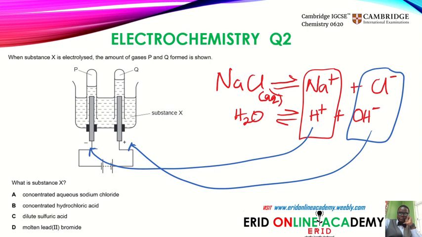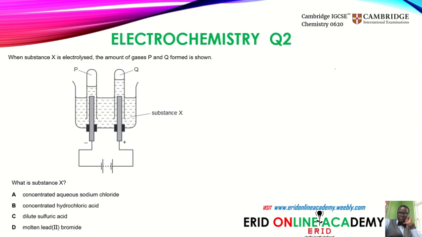Okay, now the next thing you need to consider, when they migrate towards the electrode, what is going to happen at the electrode? So let's take the cathode as our first electrode.